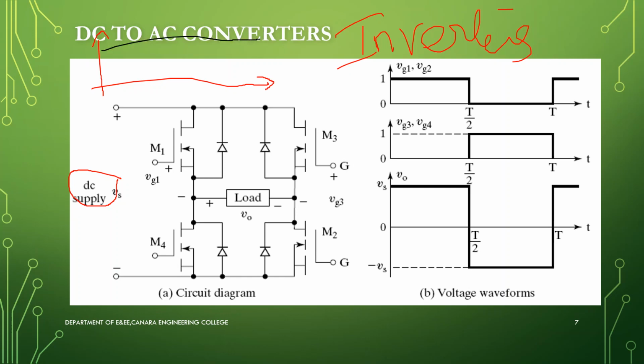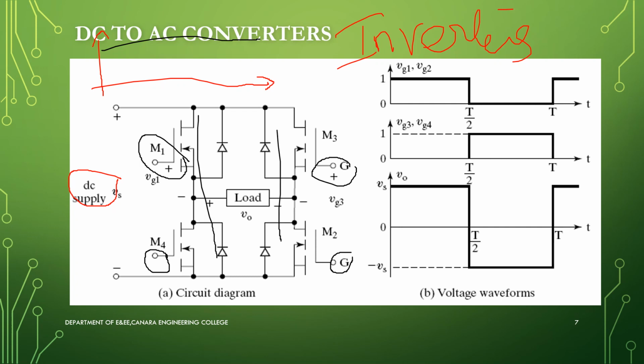So the voltage across the load will be either positive or negative depending upon the gate signal which is applied to these MOSFETs M1, M3, M2 and M4. And care should be taken that the devices in the same leg will not conduct. Say suppose this is one leg and this is the second leg.